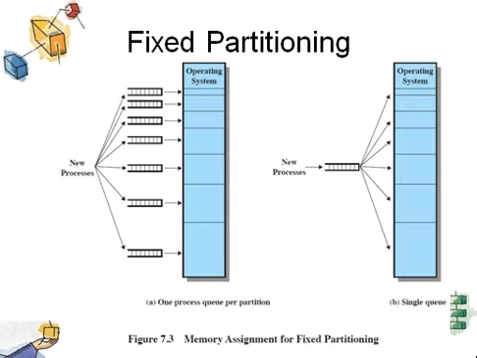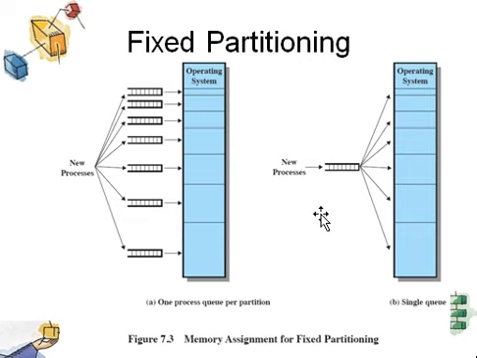Now this figure demonstrates fixed size partitioning with queues. For each of these partitions we can maintain a separate queue, but then it will require some additional memory. So one process queue per partition is an arrangement, but as I said, it will require additional computation as well as memory space.